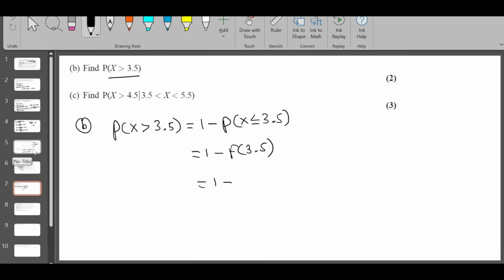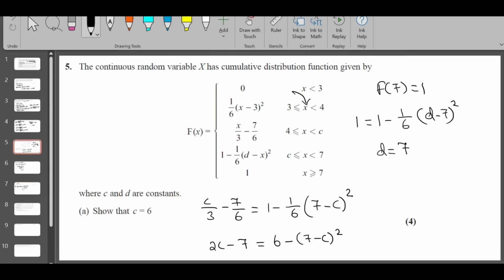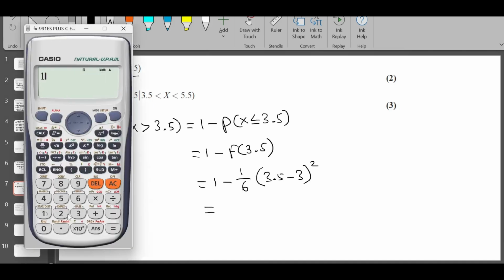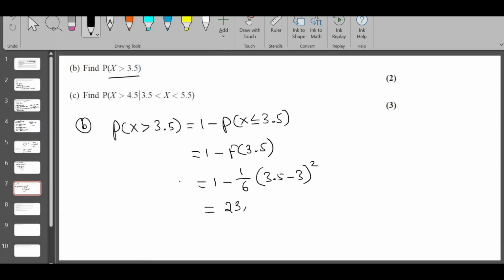Look at the cumulative function here. 3.5 is in here, so we need to take this function, 1 over 6 (x minus 3) whole square, and replace x by 3.5. So 1 minus 1 over 6 times (0.5) square. 23 over 24 is the answer.